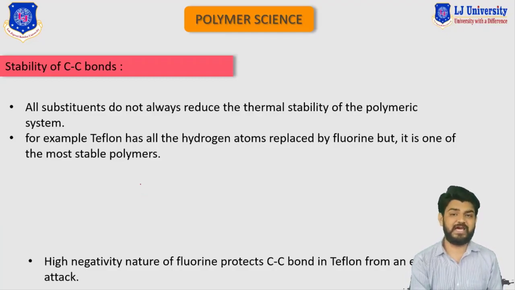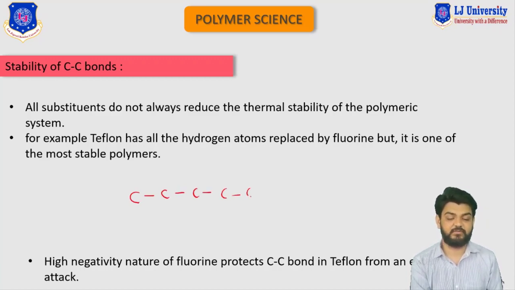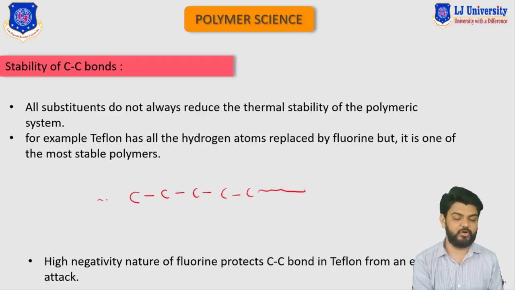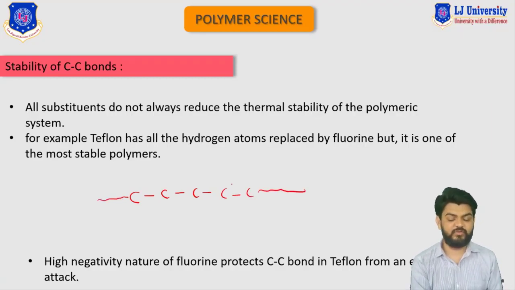You can see here on the screen that the structure of Teflon is relatively like this. And we have a long chain of the polymer in this manner, right? So if we compare this with the ethane molecule, our polyethylene is like this. We have two carbons and four hydrogens attached to the carbons in this manner, right?